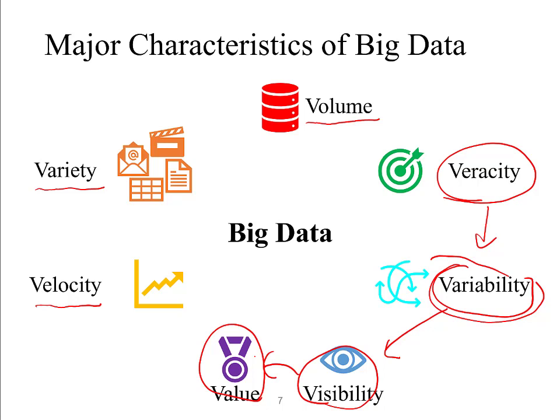Then we will introduce some real applications of big data, and then some operations in big data management, or a brief introduction of big data management. Okay, that would be basically all for today's lecture. Now let's start.